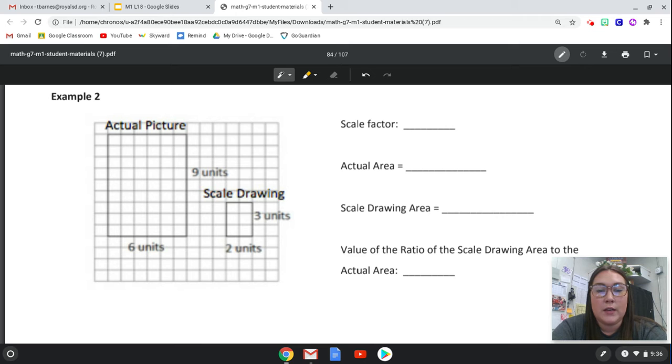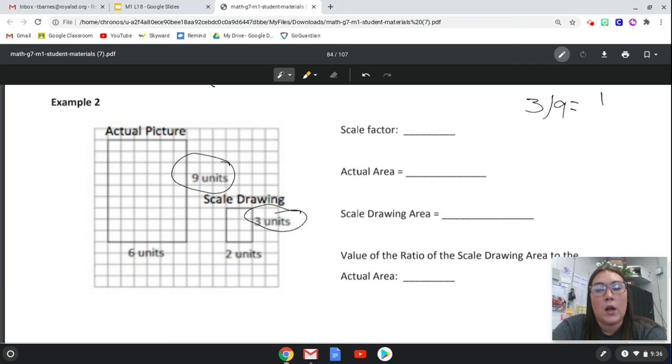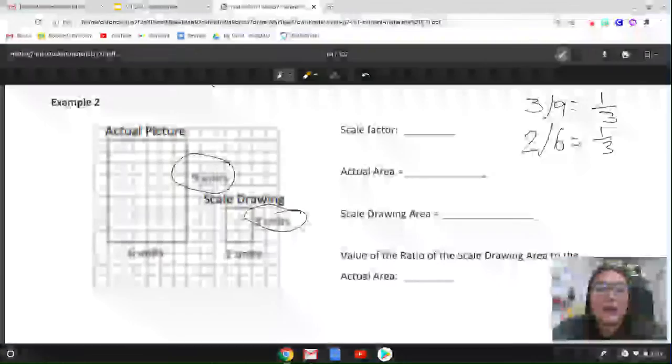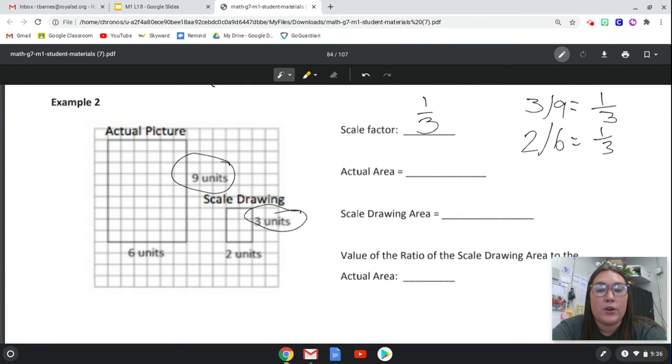I'm going to divide my scale drawing length, 3 units, by the corresponding length of 9 units, and I'm going to get 1/3. And then I'm going to do that for the other side. So 2 divided by 6, which also equals 1/3. So my scale factor is 1/3.